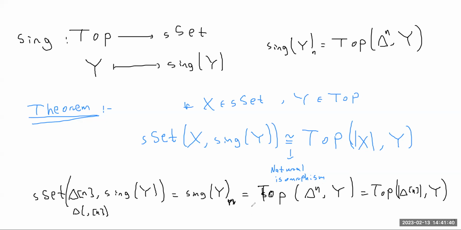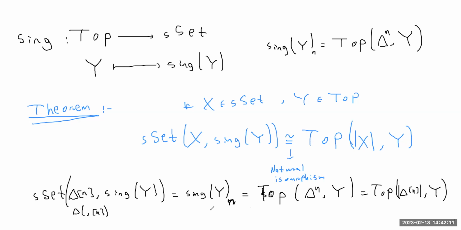It's easy to see this for the standard n-simplex, but there is a fact that every simplicial set, like we did for the realization, we can describe as a colimit of standard simplices. For every simplex in the simplicial set, we take the standard one and build a diagram, with the maps between them coming from the degeneracy and face maps, and take the colimit.